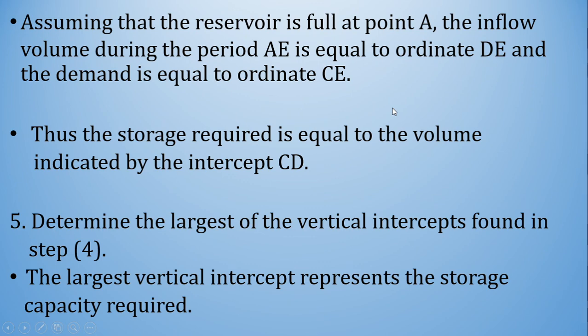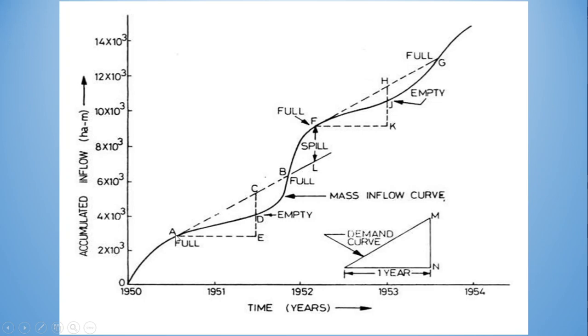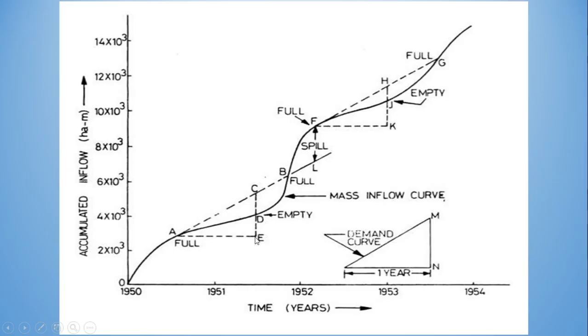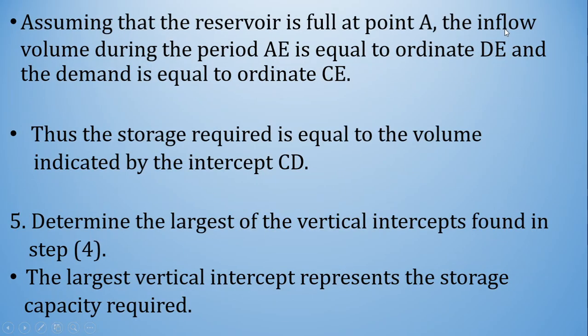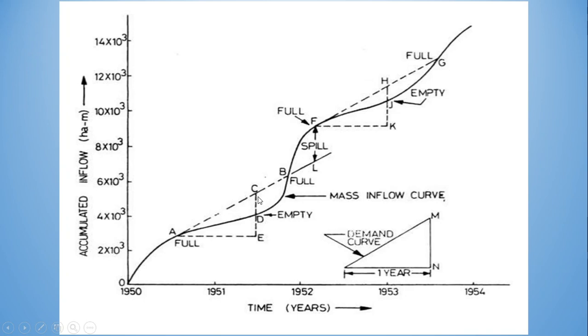Assuming that the reservoir is full at point A, the inflow volume during the period AE is equal to the ordinate DE and the demand is equal to ordinate CE, the total demand.